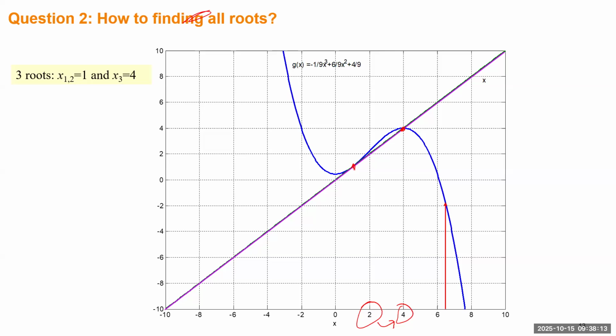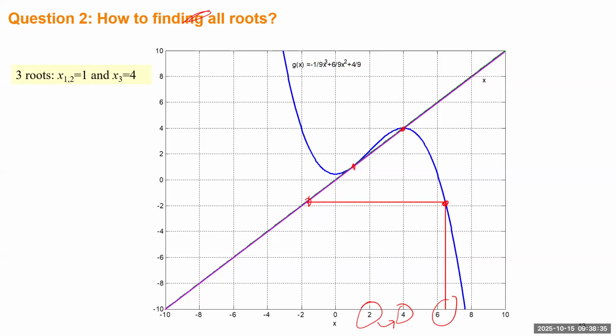Let's try a different way of iteration. Let's start from some value bigger than 6. We follow the same procedure. We first draw a vertical line up and intersect with this blue curve at this point. The second step, we draw a horizontal line and intersect with the straight line at that point.